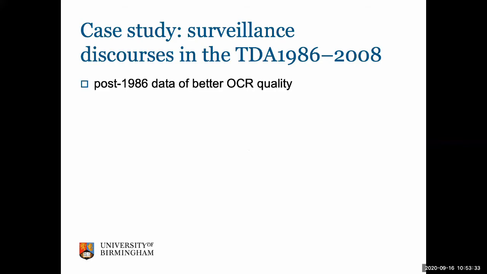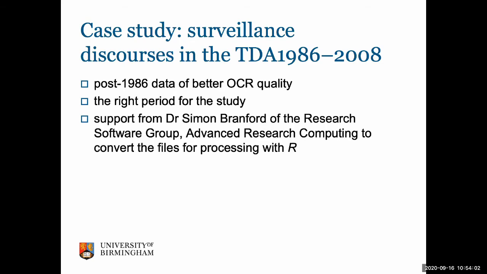I focused on the data after 1986, which is a bit of a weird year to choose, perhaps, but that's because in that year there was a change in the OCR quality. So data after 1986 is better, basically; the quality of the recognized words is better. And it also matched a good period for my study.